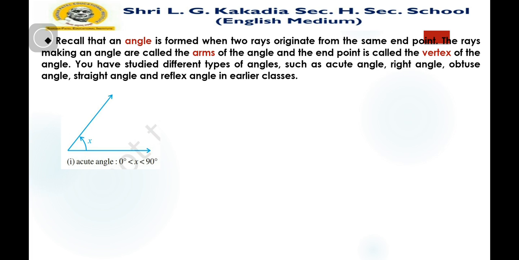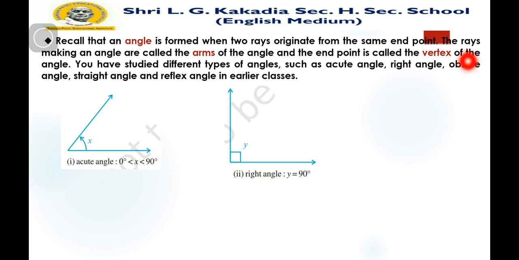And a right angle: if the given angle is 90 degrees, then we can say it is a right angle.